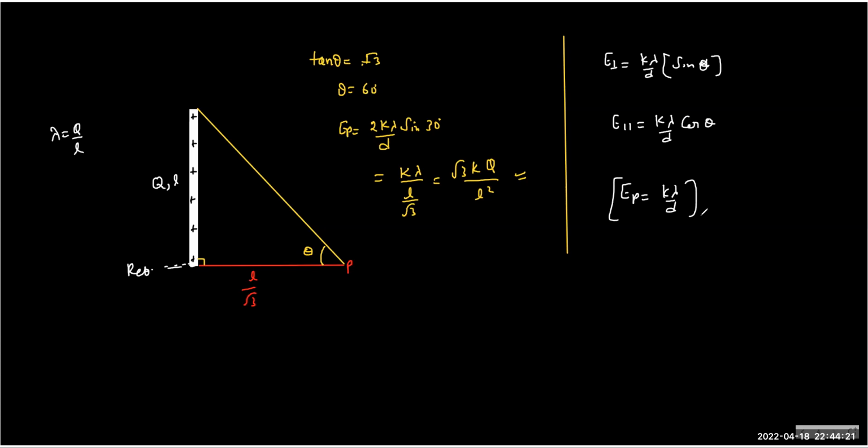That's it. Nevertheless, imagine we have a situation in which the rod is here. So let's say we have a lambda, and the point is here.